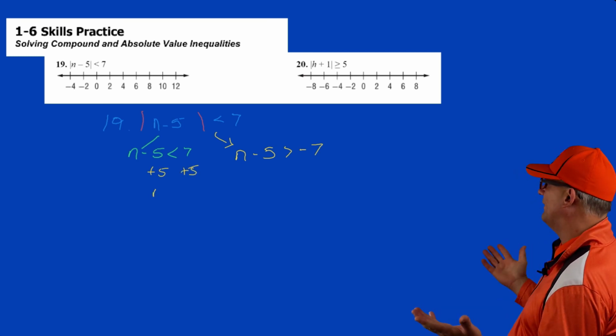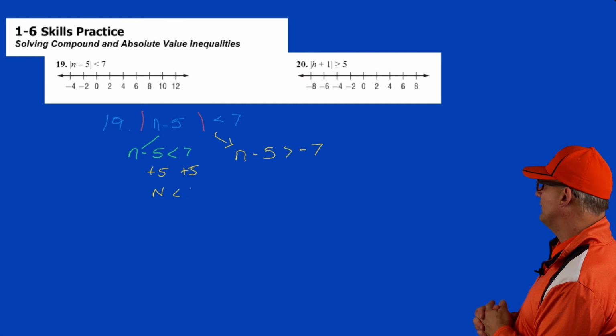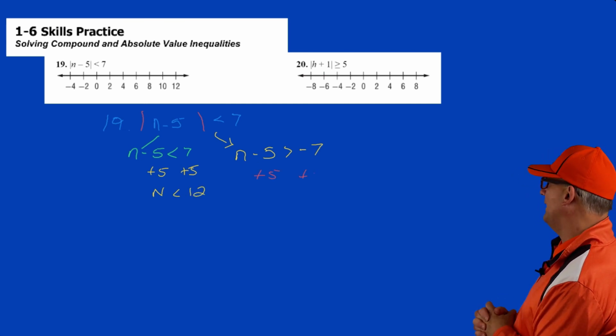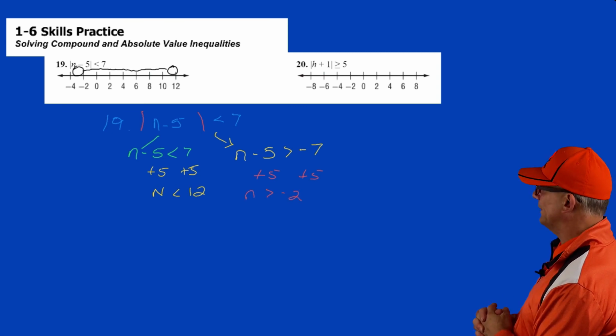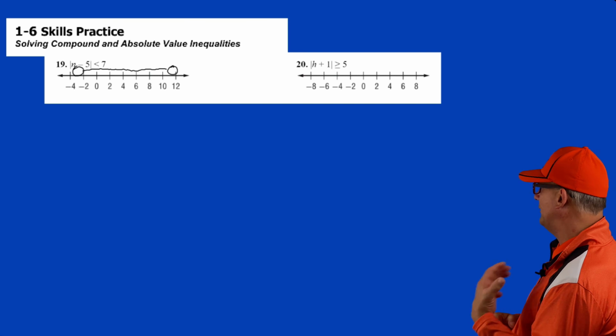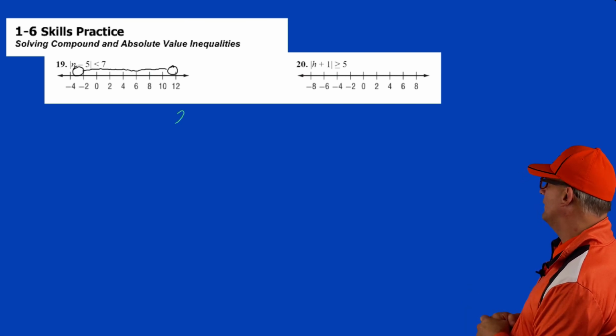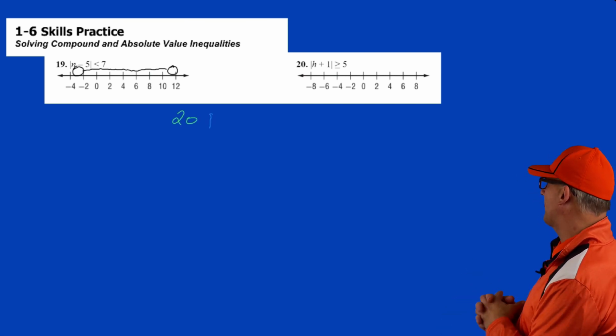And then what? We add 5, it's a one-step inequality. We got n less than 12, and we got n greater than 2. So you got an open circle over 12 and 2, and they are going to the left and to the right.